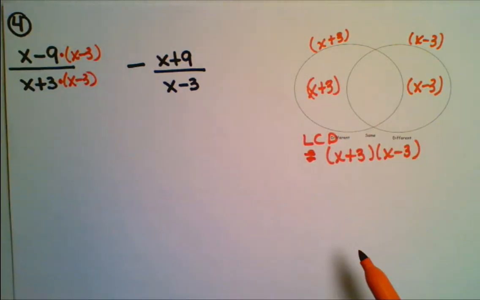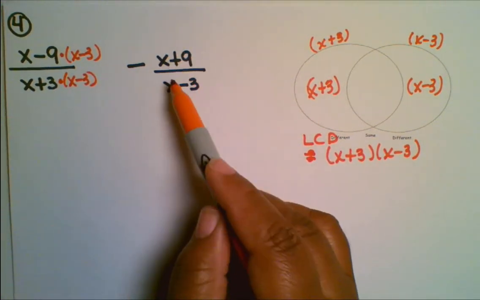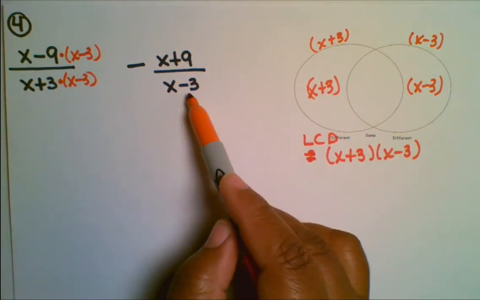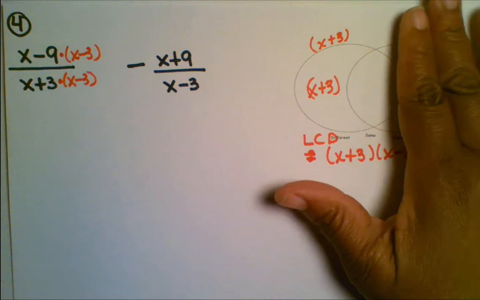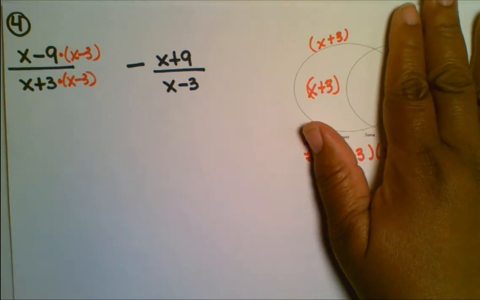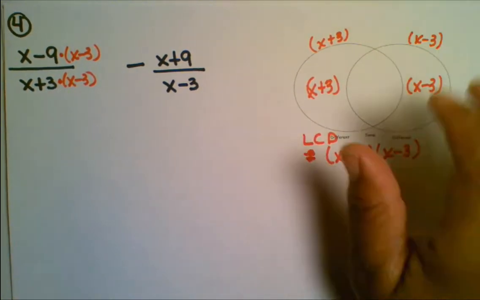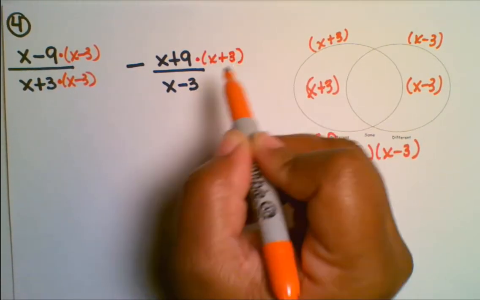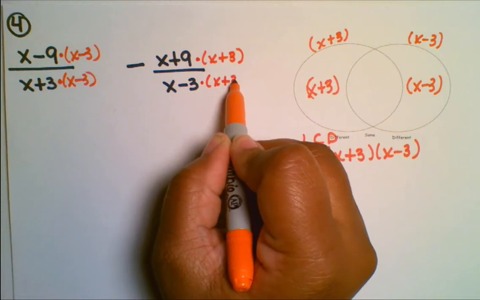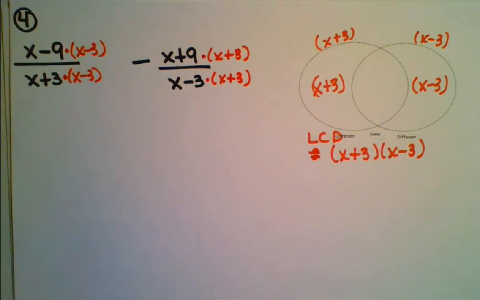Then our second fraction, x plus 9 over x minus 3, what are we going to multiply the second fraction by? Well, let's cover up the x minus 3. What's left over in the Venn diagram? The x plus 3. So now we have a common denominator, an LCD.